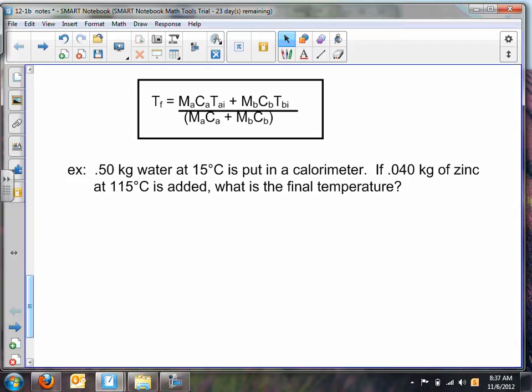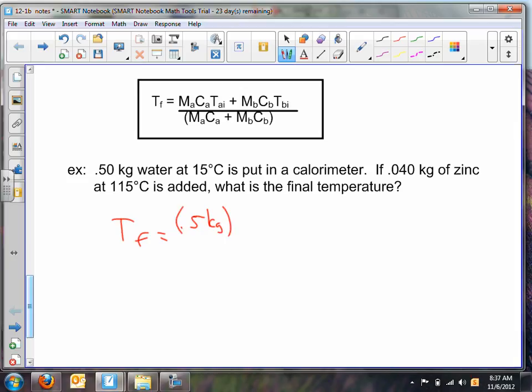So let's try this. I'm just going to use the equation I have up top to find my final temperature. And I'm going to let A stand for the water. So the mass of the water is 0.5 kilograms times the specific heat of water is 4180 joules per kilogram Celsius degree times the initial temperature of the water, 15 degrees. And you'll notice everything cancels out nice for me.